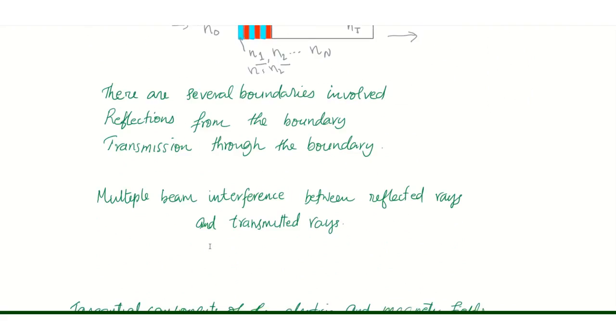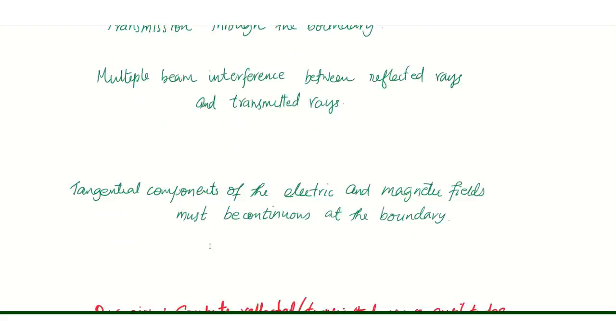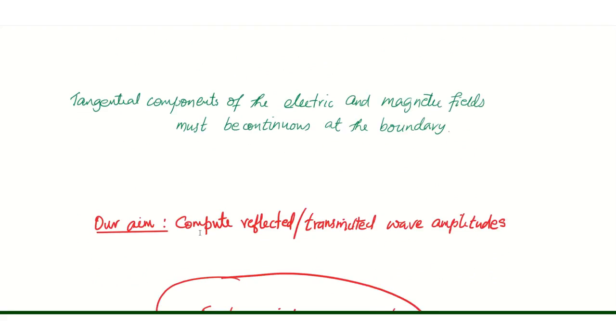Okay, then one of the things that you know already is that there are certain boundary conditions. When a light wave or an electromagnetic wave encounters an interface, there are certain conditions derived from Maxwell's equations that the electric and magnetic fields of the wave have to satisfy.